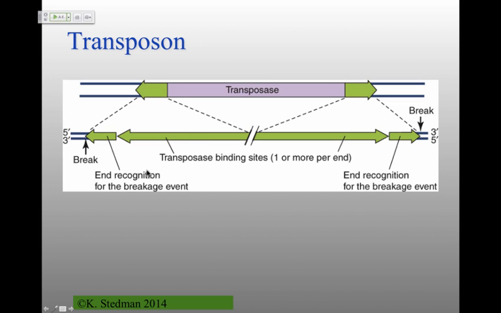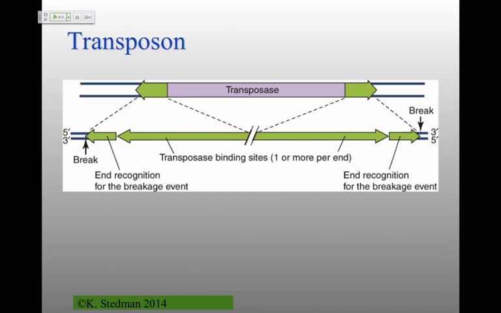There are two different things here. We've got the binding sites for the transposase, and this is this inverted repeat sequence right here. And then right next to them, a recognition site, which is present in the genome, was actually present before, and is now duplicated after you put in your transposon.